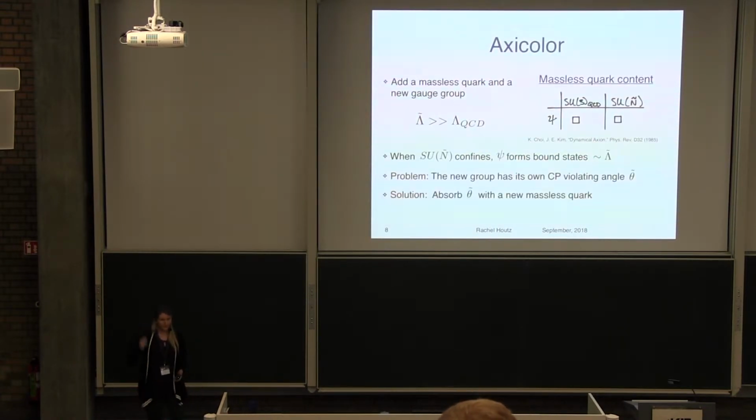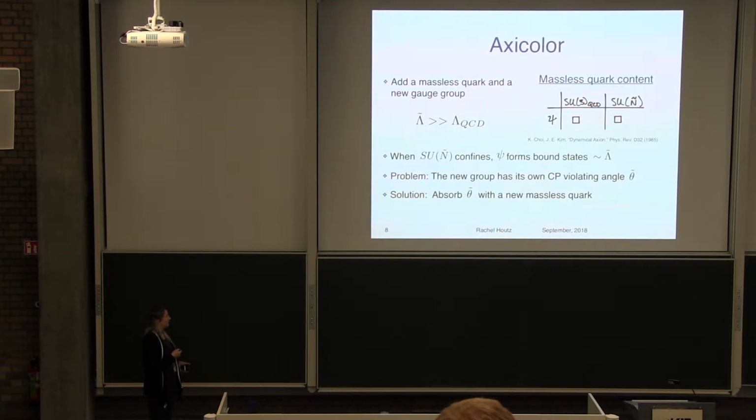The prototypical example of this is AxiColor. AxiColor is a model that was written a long time ago by Choi and Kim. They really just did the most simple idea, right? You have a massless quark charged under QCD and charged under some exotic color group. This exotic color group, for whatever reason, confines at some high scale, much larger than QCD.